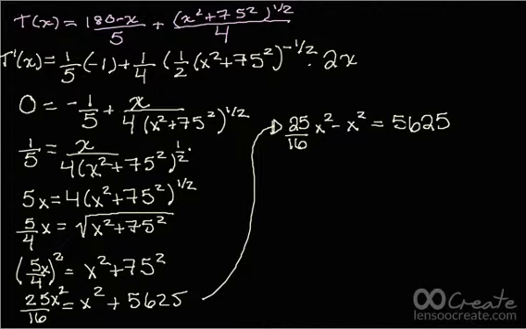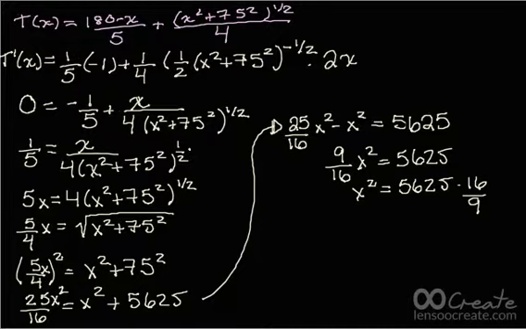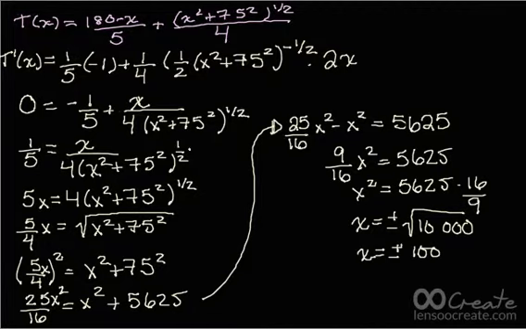So the first step here is just to move the like terms to the same side, and then actually do the subtraction. And finally, isolate for x. Which gives us in the end an optimal value of plus or minus 100.